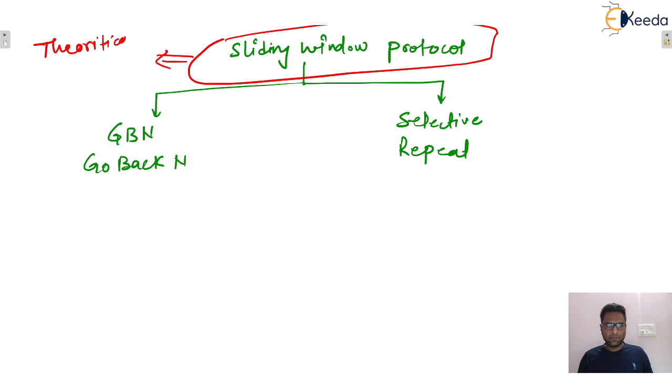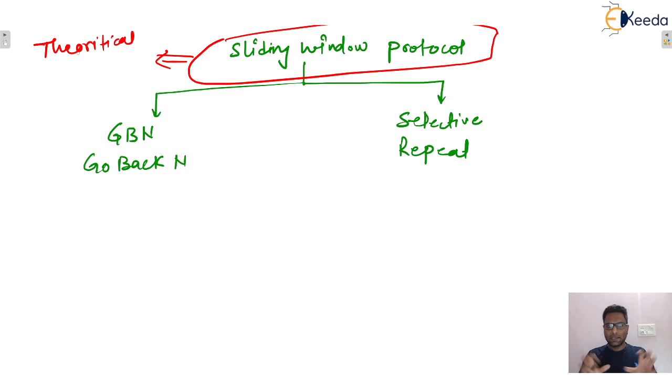Why is it a theoretical concept? Because in the last lecture you saw that in the sliding window protocol we discussed only the sender window size, and we didn't discuss the receiver window size. But while implementing sliding window protocols we require the receiver's window size also, isn't it?